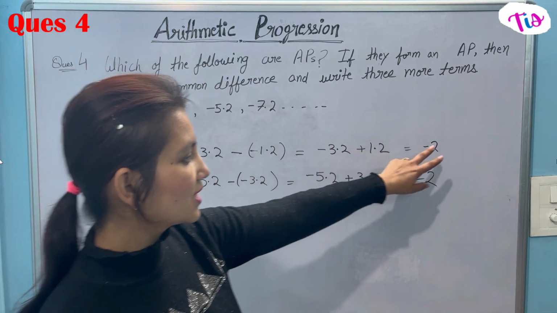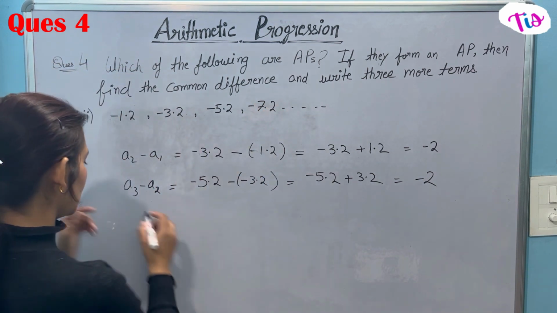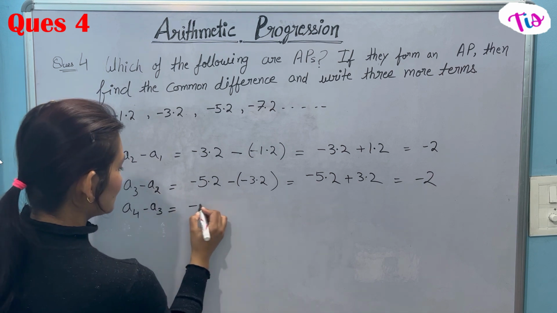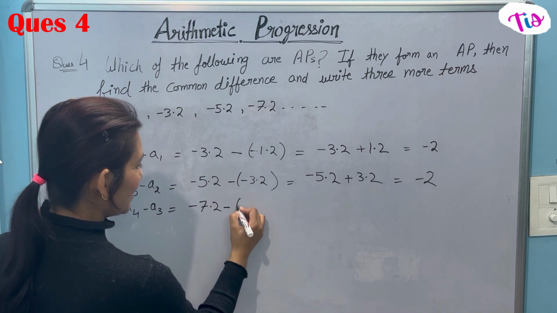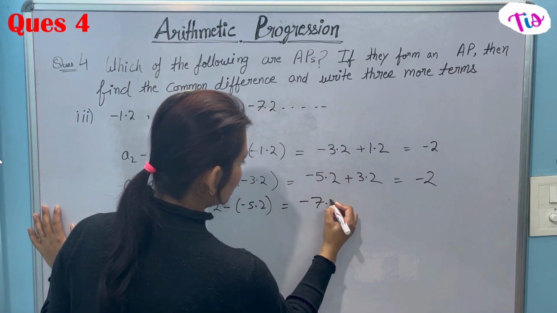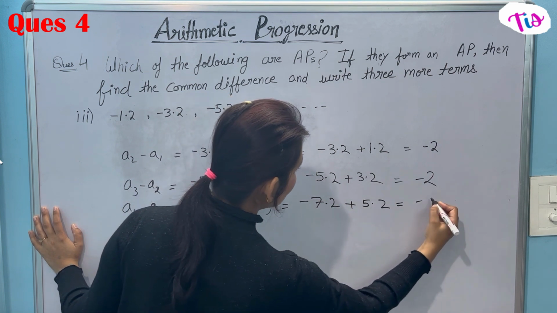So here also you can see the difference is minus 2. Now let's check for A4 minus A3. A4 is minus 7.2. Again minus 5.2 will become minus 7.2 plus 5.2, and that is minus 2.